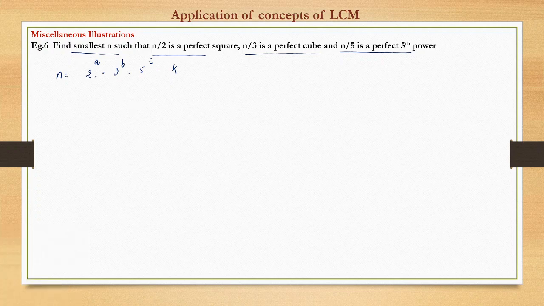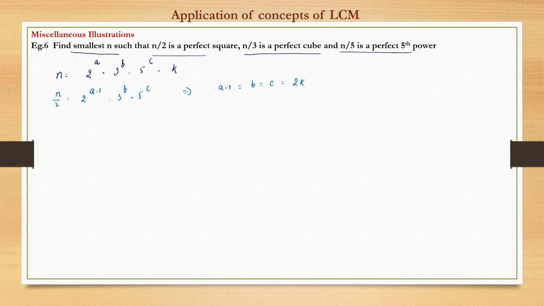Now if n is this, what would be n by 2? N by 2 will be 2 raised to power a minus 1 into 3 raised to power b into 5 raised to power c. And n by 2 is a perfect square. It means the indexes must be a multiple of 2, then only it's a perfect square.